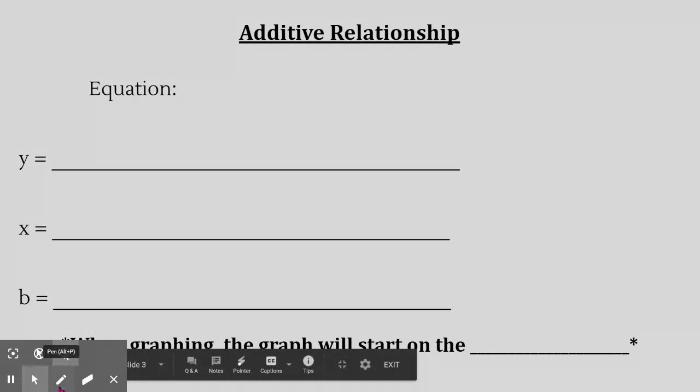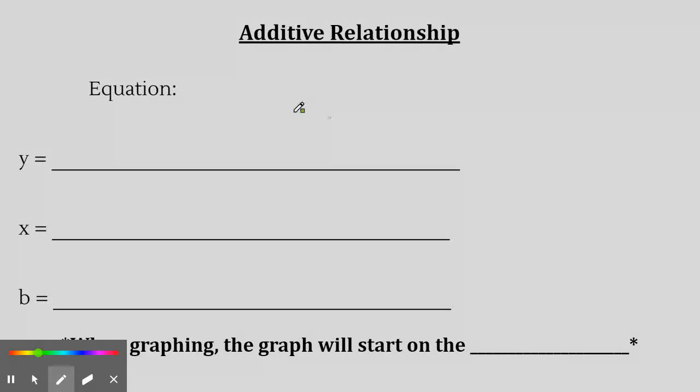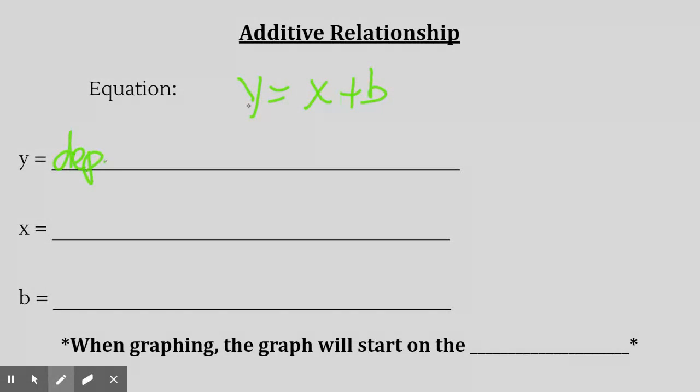Now, an additive relationship is also going to have an equation. We're going to think of this once again like our instructions. So our equation is y equals x plus b, where y, once again, is the dependent variable, also known as the output.